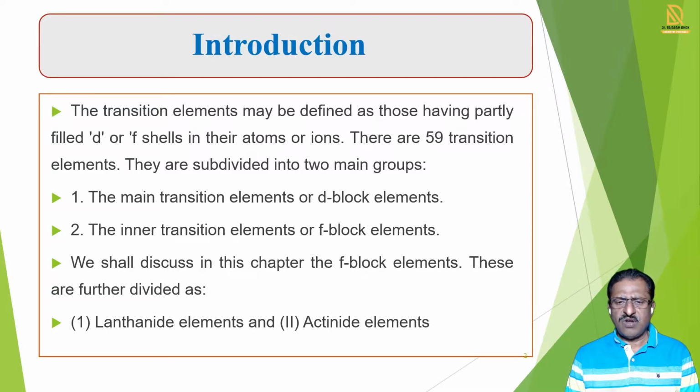In case of the transition elements, 59 transition elements are present, and these are subdivided into two main groups: the main transition elements, that is the D block elements, and the inner transition elements, or F block elements. We discuss the F block elements here because the D block elements you have already studied in the last classes.